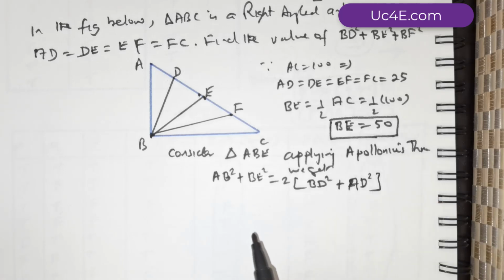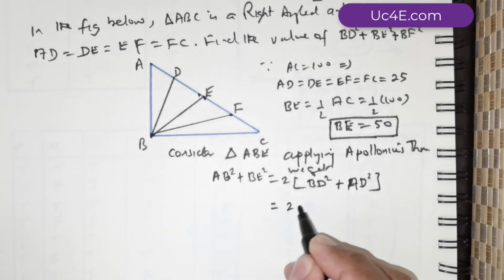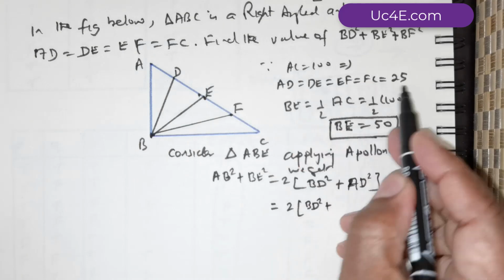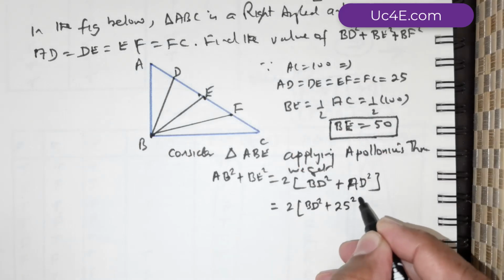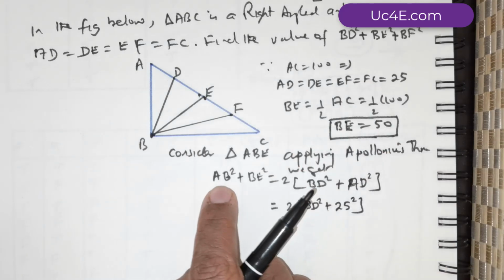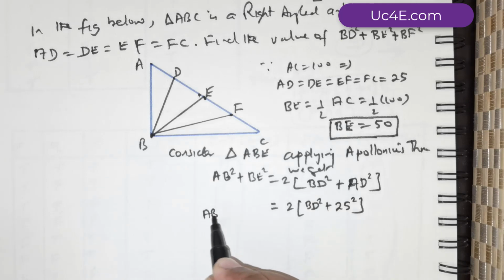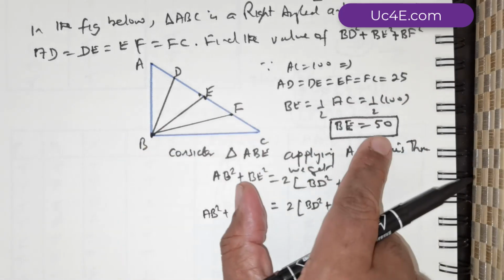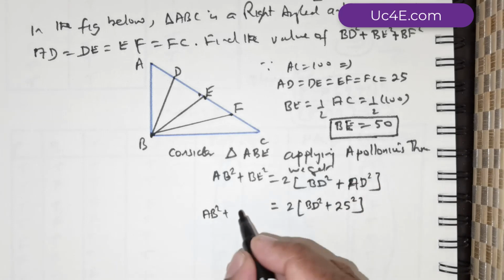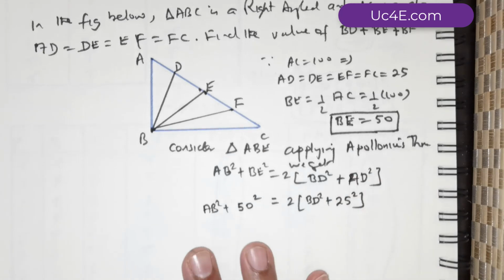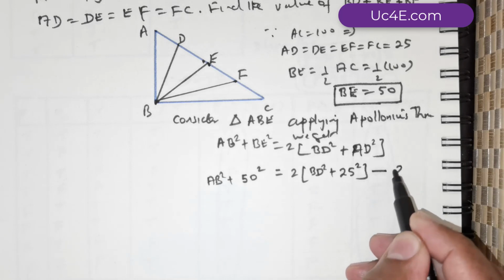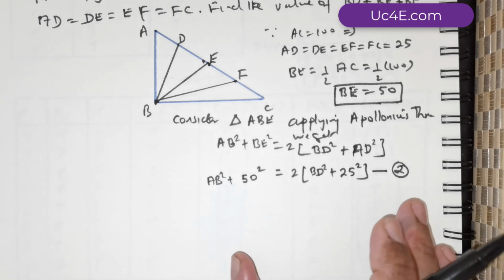Now we have BD, so let me have that BD squared there, and AD is 25 units, so it's going to be 25 squared, and AB squared plus BE squared. So what is BE squared? BE squared is 50 squared. So now we have an equation. Let me take that as 2. You don't have to do anything, just take it as 2.